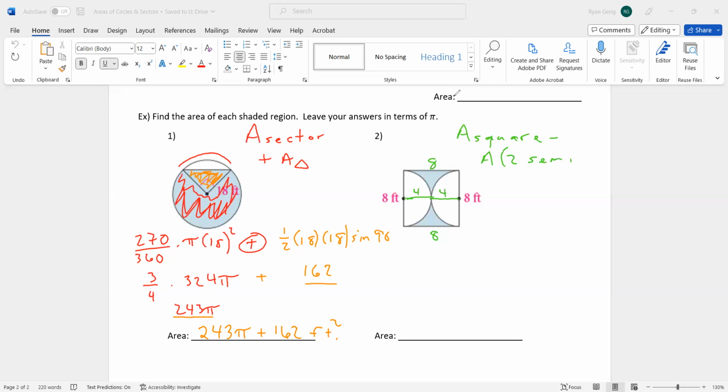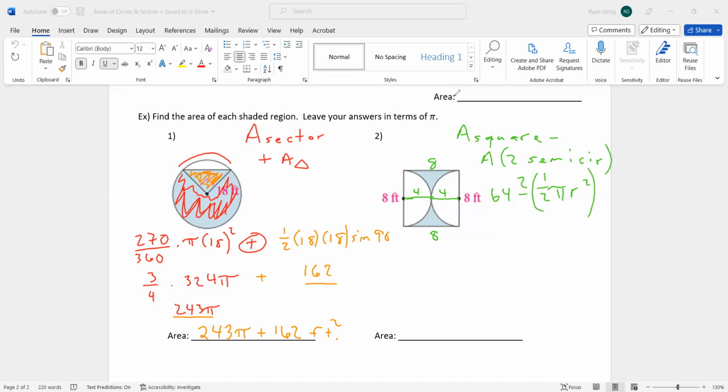Those 2 semicircles are the same. Okay, so the area of the square should be pretty easy. It's just 8 times 8, so 64, minus the area of 2 semicircles. Well, a semicircle is half a circle. So pi r squared is a full circle. Half of that would be 1/2 in front. But there's 2 of them, so I'm going to multiply by 2.